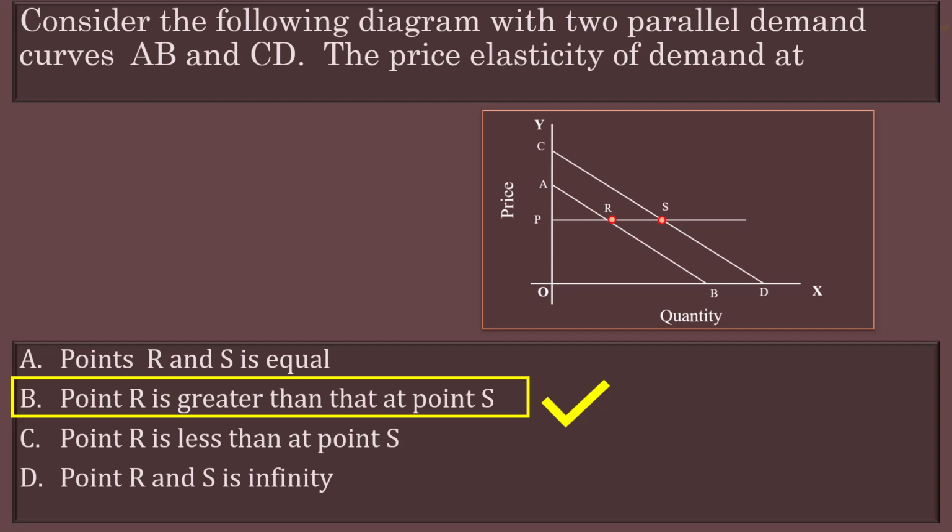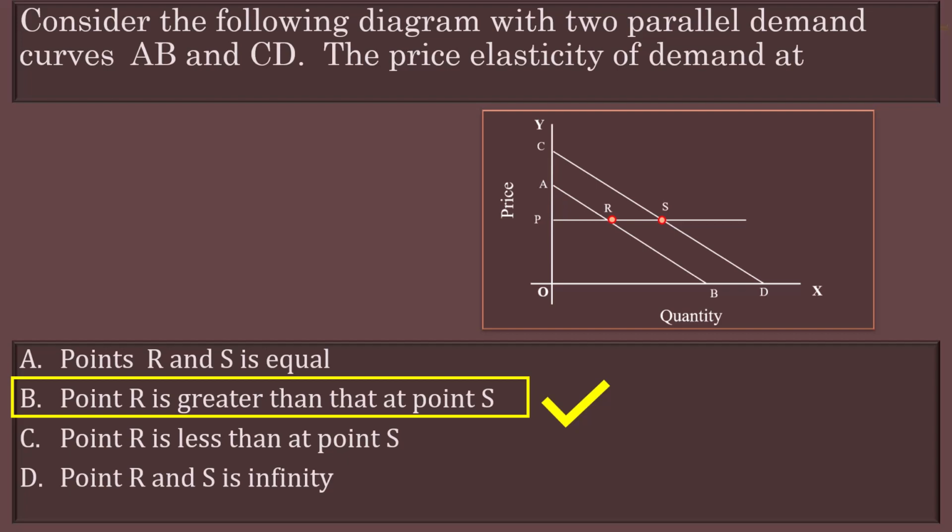We have to use the point method to measure the elasticity at point R and S. You know, according to the point method, the lower segment of the demand curve by upper segment of the demand curve gives the elasticity of demand. Use some imaginary values to find the distance between AR and RB and also CS and SD.